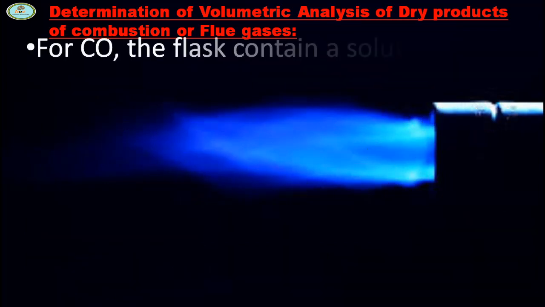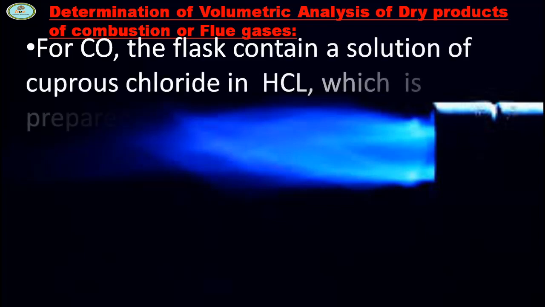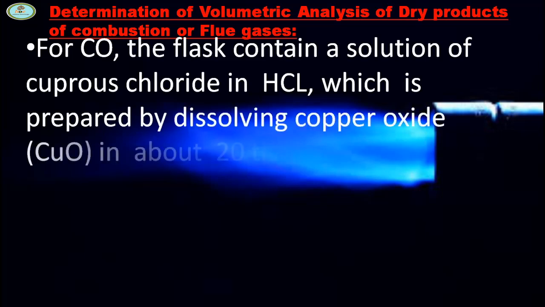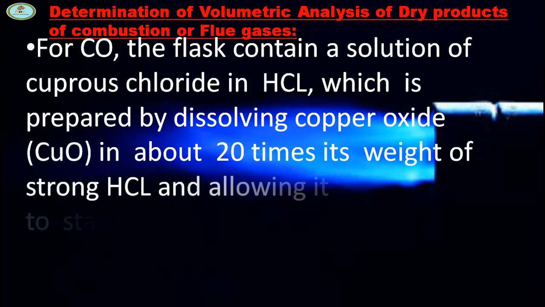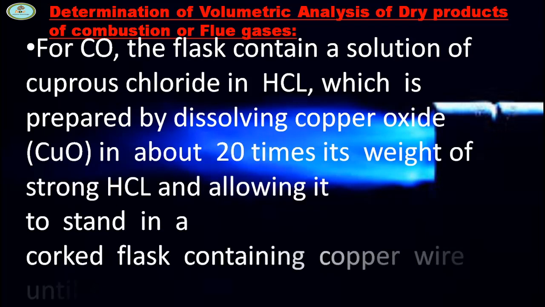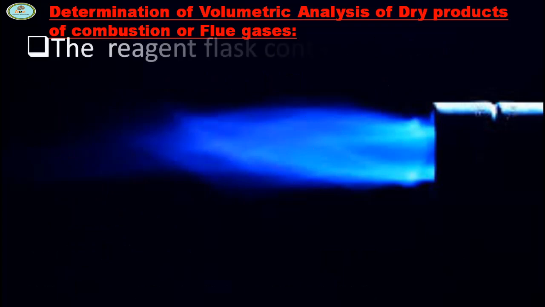For CO, the flask contains a solution of cuprous chloride in HCl, which is prepared by dissolving copper oxide in about 20 times its weight of strong HCl and allowing it to stand in a cork flask containing copper wire until the solution is colorless.